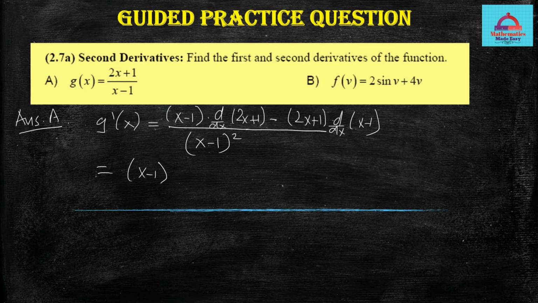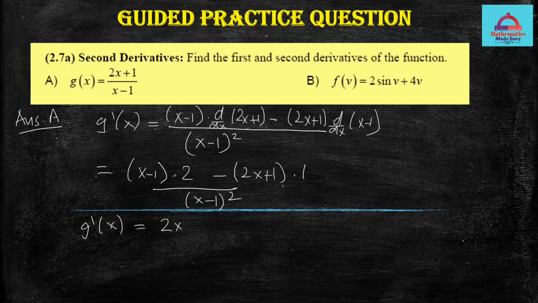The derivative of 2 times (x plus 1) is just 2. And here for the second term you have (2x plus 1) as it is and 1. So you have received now your g prime of x.